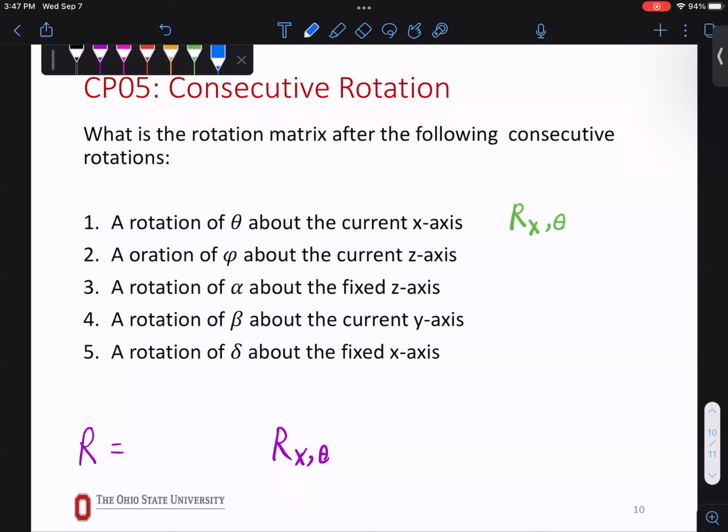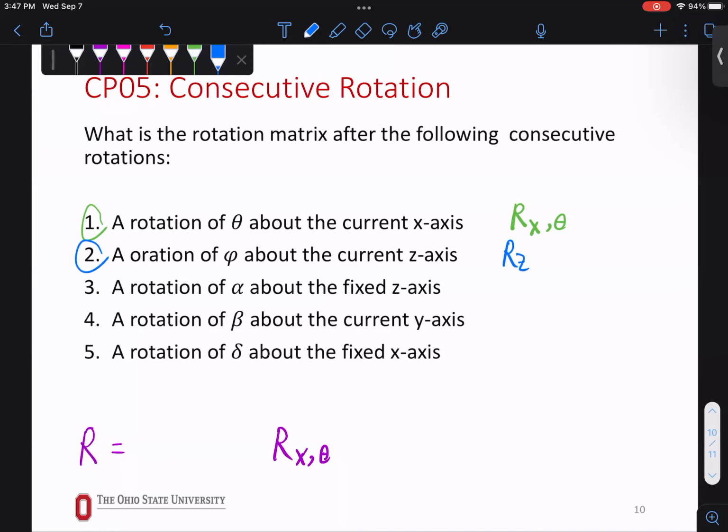I'll help you with the notation. So this is the first rotation. This is your second rotation. I'm going to write Z axis for theta. This one is R, Z, and alpha. This one I can write R, Y, and beta. This is basically making sure that you know how to do the notation.